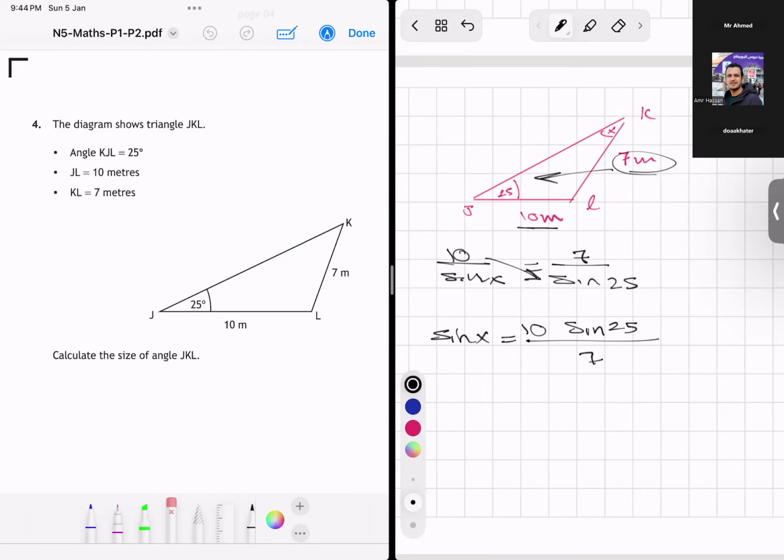Okay, do it. I don't have a calculator. But the point is, I need an angle, which makes sense after getting the answer. You need to press shift sine to be able to get the angle. Did you get it? Yeah, 60. So what was the angle? 60.